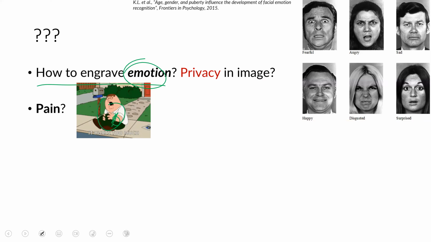Inside I have a storm, but outside I try to be normal. Many people do this. That's why sometimes it's not enough to have only video; we need other information, physiological data and others.